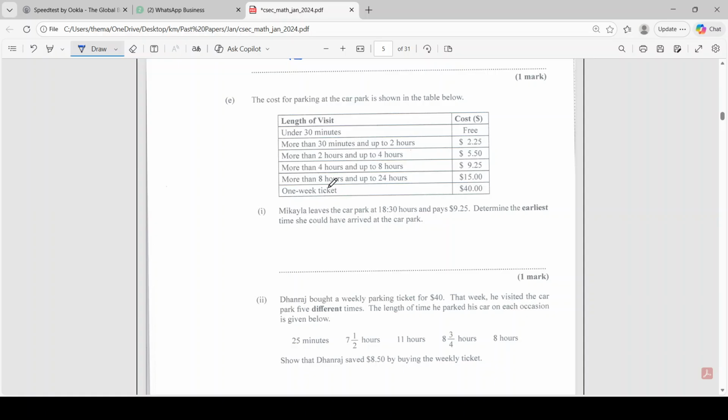And there's another option of a 1-week ticket for $40. Michaela leaves the car park at 18:30 hours and pays $9.25. Determine the earliest time she could have arrived at the car park.